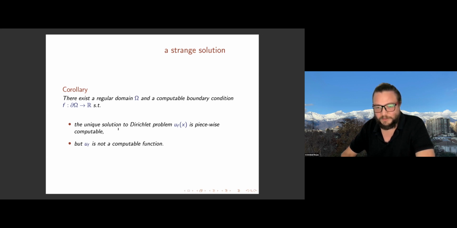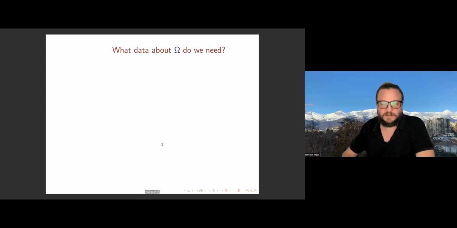I mean, the values can all be computed relative to X, but the function is not a computable function, regardless that it is not only continuous, but even harmonic. Okay, so this is a consequence of that result.